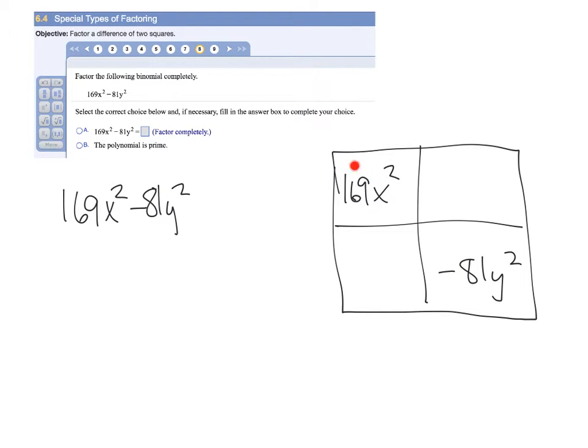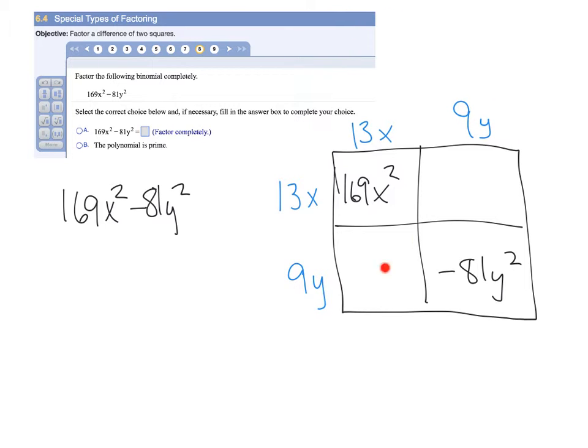And I just need to know that 169, that's 13 times 13, so it's going to be 13x times 13x. That's how we get the 169x squared. Down here, I'm going to temporarily ignore the negative sign. That gives me 9y and 9y.